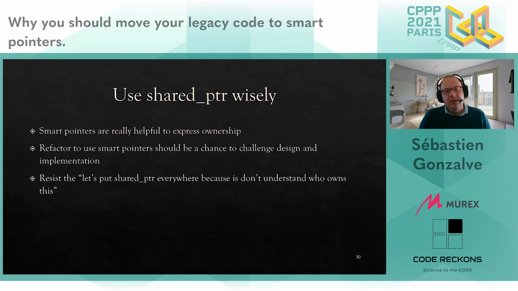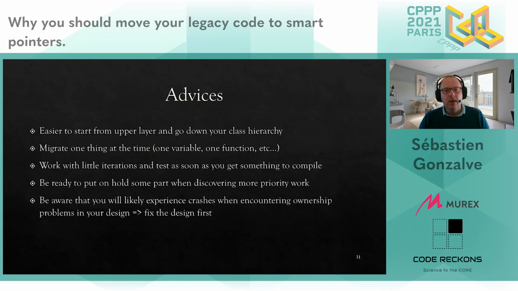What's really interesting in refactoring and using smart pointers is that it forces us to think about the design, and each time we pass a pointer to someone, is that the correct semantic we want? Do I want to express passing ownership to this function or not? Is it just using the object, or is it taking the ownership, or do I need to share the ownership? So really, if you try to think about this, you will have better code than just putting it everywhere.